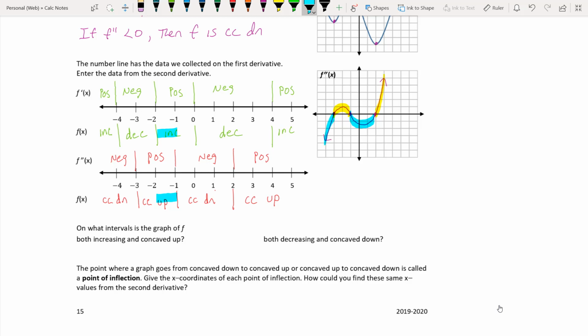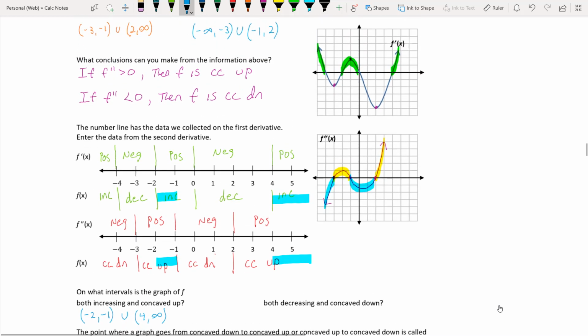And then I'm increasing from 4 to infinity, and I'm concave up from 4 to infinity. So I'm increasing and concave up on negative 2 to negative 1, and on 4 to infinity.